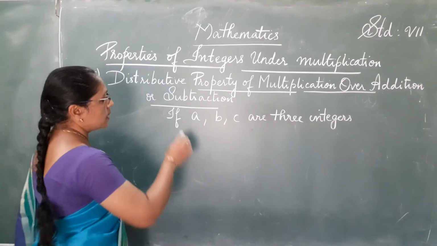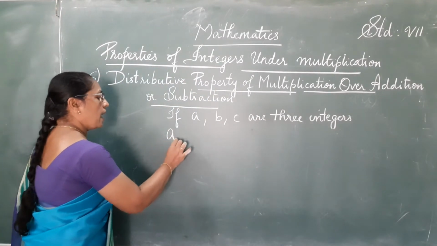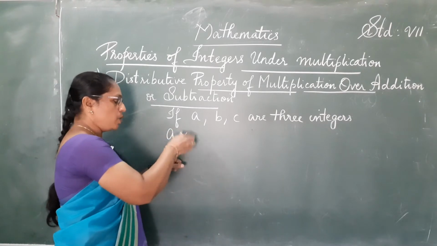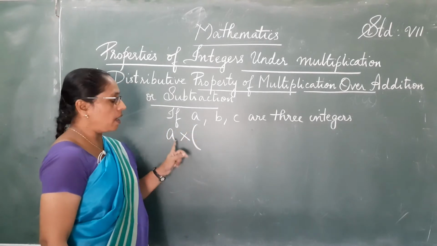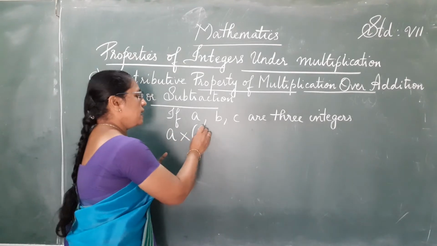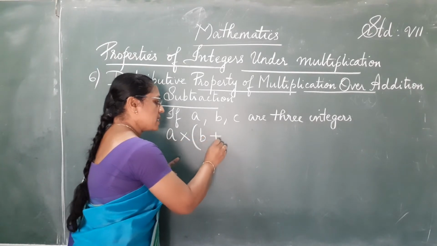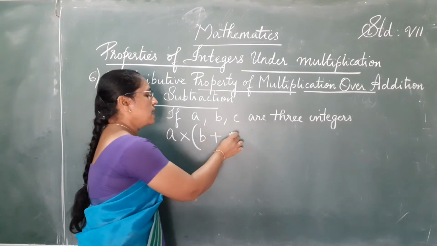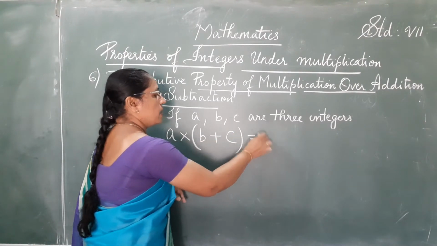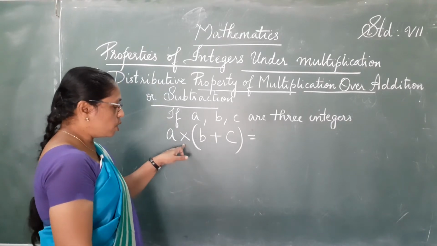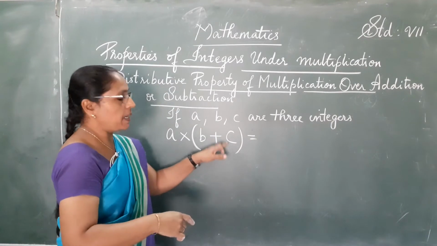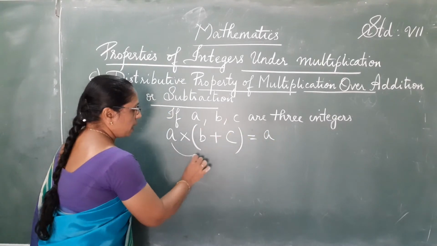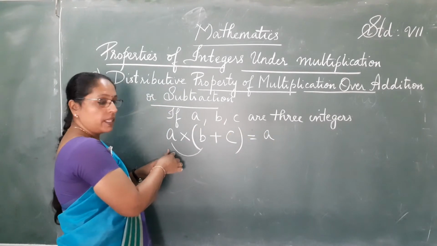So the property says that A into bracket B plus C is equal to A into B plus A into C. Here A is the outside member, the integer outside.